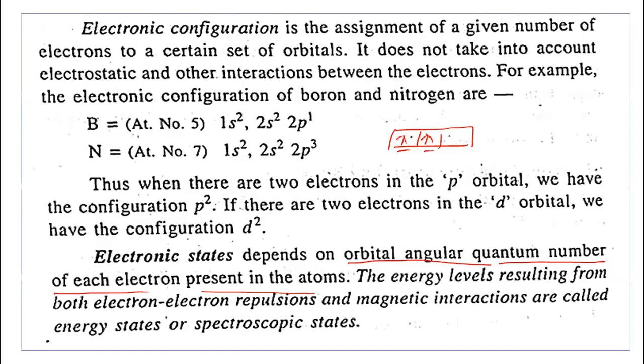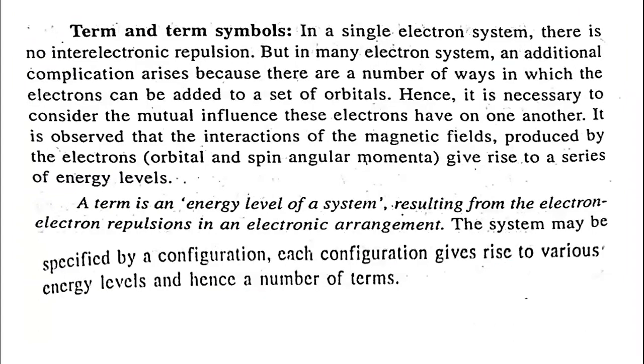The energy levels result from both electron-electron repulsion and magnetic interactions, and there are a number of spectroscopic states, energy states. To find out the number of spectroscopic states or energy states of the electron, we should be aware of term and term symbols. Let us discuss this now.